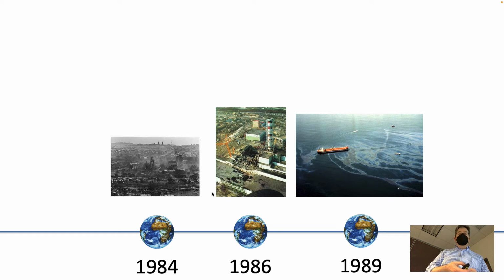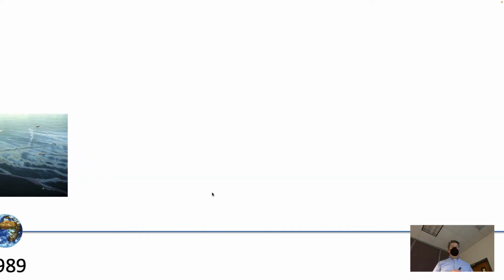As we went into the 90s, Earth Day 1990 was a pretty big event, and I was actually the MSU president for the Earth Day Club here at MSU and organized the Earth Day 1990 activities, so the 20th anniversary of Earth Day.